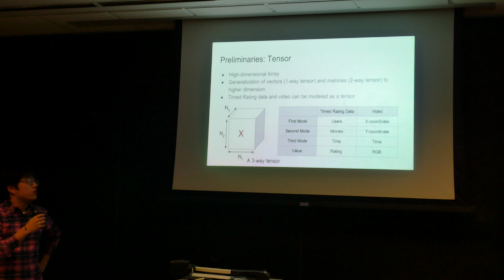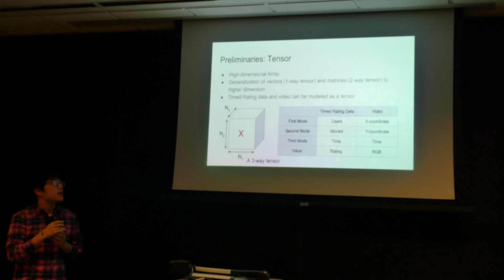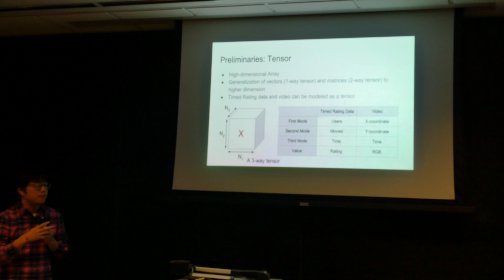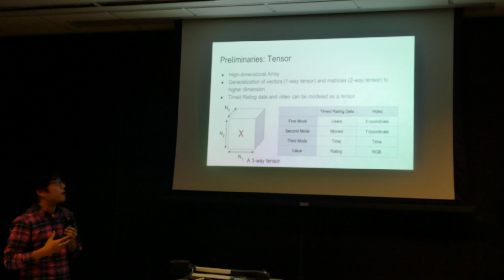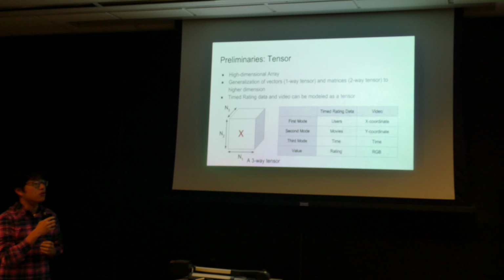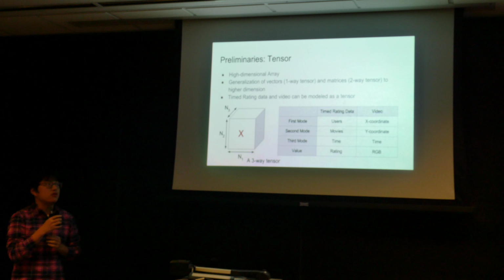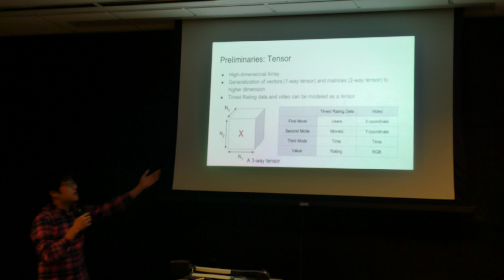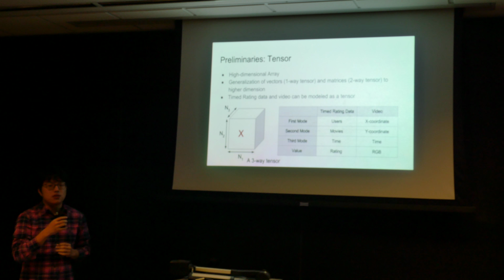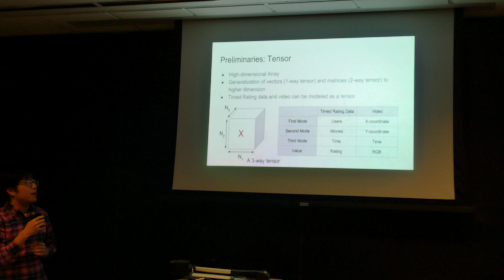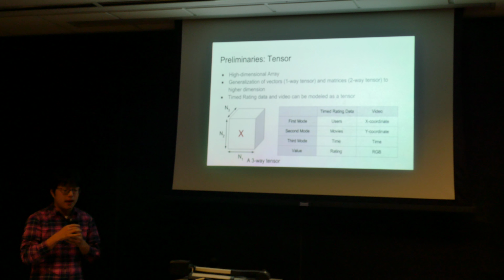I will briefly introduce tensor and tensor factorization, then I will introduce our proposed tensor factorization method. Tensor is a high-dimensional array, and it can be thought of as a generalization of vectors and matrices to higher dimensions. This is an example of a three-dimensional tensor, and it can be used to model three-dimensional data like time-series data and video.